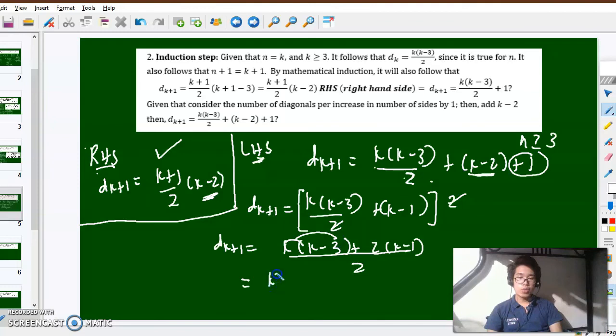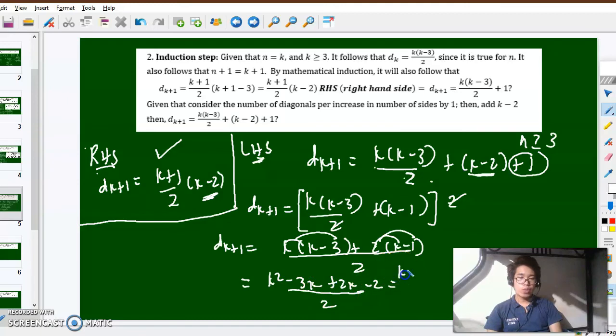The next thing that we have to do is multiply those. So we get k squared minus 3k and then 2k. We multiply 2 times k, that's going to be 2k, and then 2 times negative 1, that's going to be negative 2, all over 2. Now we can simplify this.